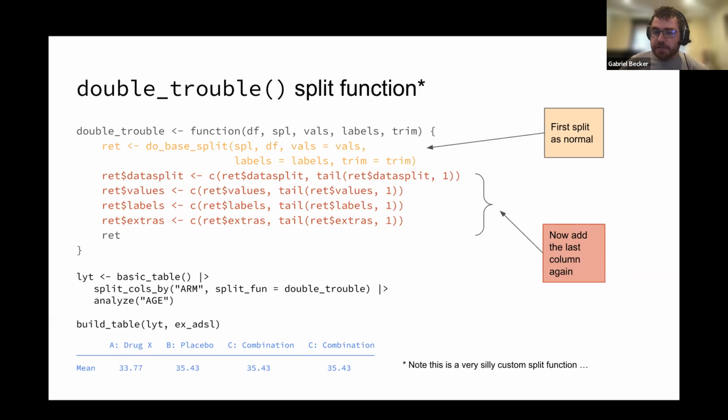So that's exported, and you can call that in your own functions. And it says, okay, first do the normal split. Now I want the last one to be repeated again. So I want arm A, arm B, arm C, arm C. For some reason, I've decided that that's what I want. And this is a custom split function that will give you that.